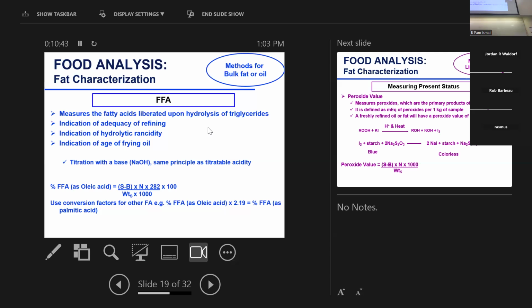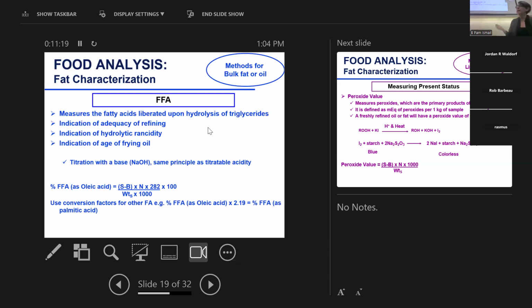So you titrate to pink color and you run a blank, and usually the blank should be 0 or close to 0, and then sample minus blank in milliliter. You want to convert to liter unit, so you divide by 1,000. Normality is moles per liter, so you can cancel liters. 282 is grams per mole, so now you cancel the mole, and then you divide by the weight of the sample, grams to grams, and multiply by 100. It's a percentage.